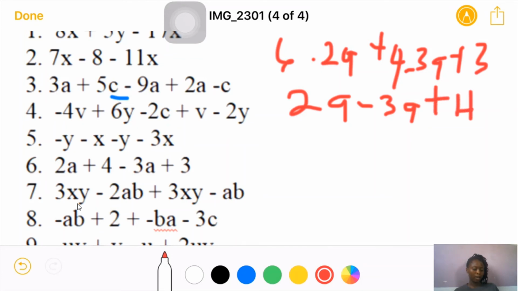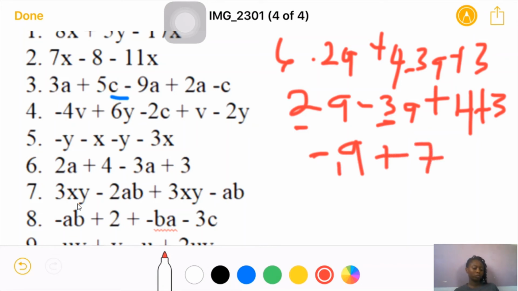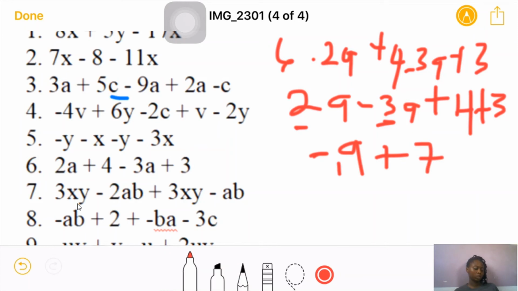Plus 4 here and plus 3 here. So with that, I'm having 2 cedis and I'm going to borrow 3 cedis. So I'm still owing minus 1a. 4 plus 3 is 7. So I'm just bringing this. So simple as that.